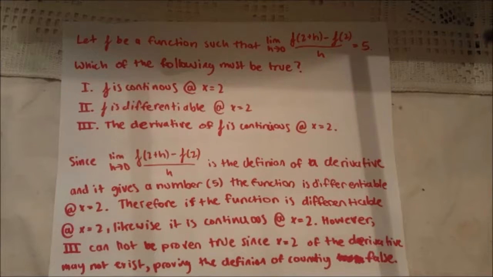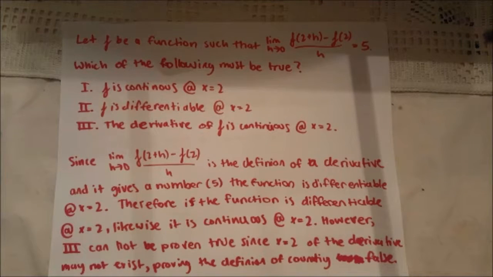Since we know that the limit as h approaches 0 of f of 2 plus h minus f of 2, all over h, is the definition of a derivative, and it gives the number 5, the function is differentiable at x equals 2. And if a function is differentiable, that means it is also continuous. Therefore, number 2 is also correct.